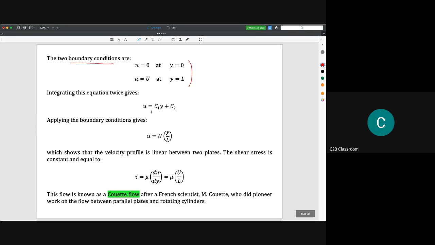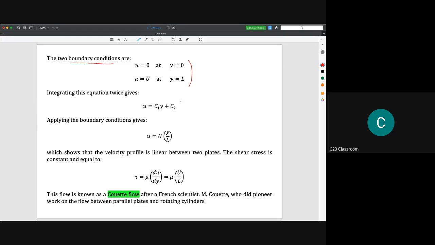Okay, so I think you could do this, because I already showed you how to differentiate it 2 times. So if you do this by using the boundary condition, you will have small u is equal to C1 y plus C2, and then we use the boundary condition.